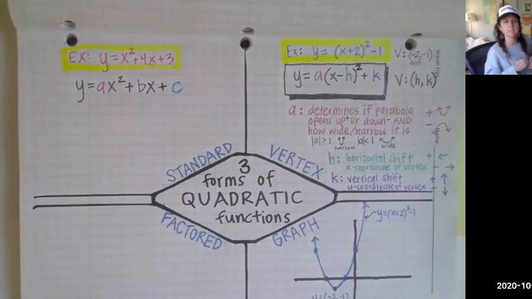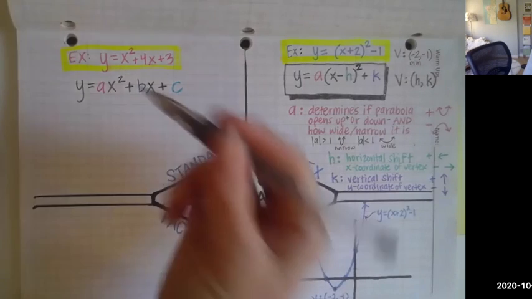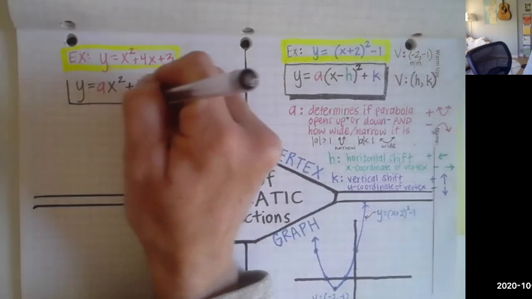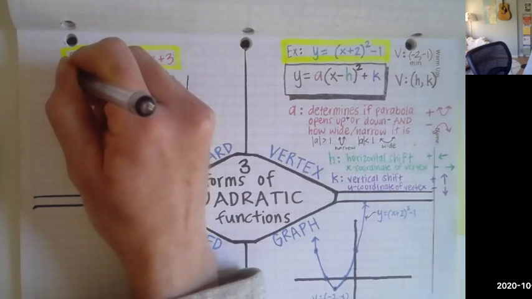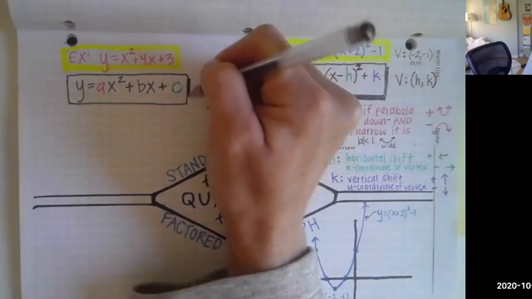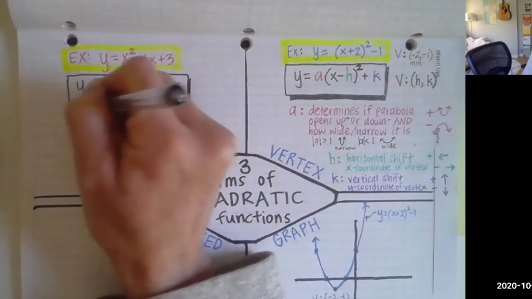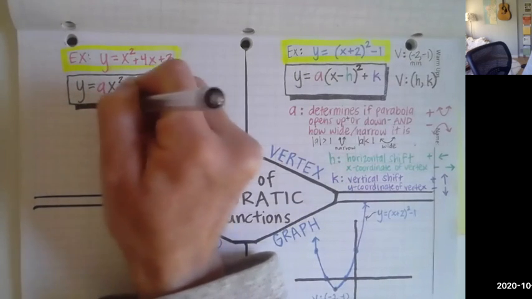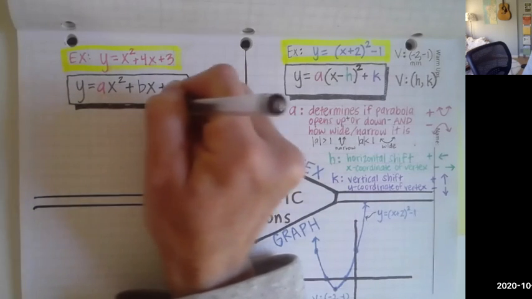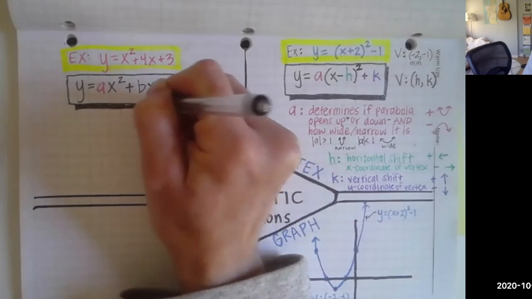Ax squared + bx + c. This is standard form. Drop shadow effect to that. And I'm going to use up my whole gel pen with drop shadows.